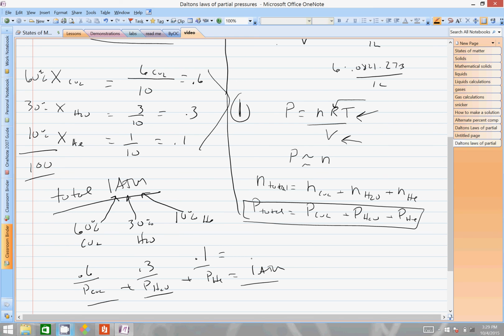You need to multiply, essentially, simple proportion, the mole fraction times the total pressure gives you that sort of percentage of the partial pressure. All right, that's just a unique example of Dalton's law of partial pressures relative to states of matter.